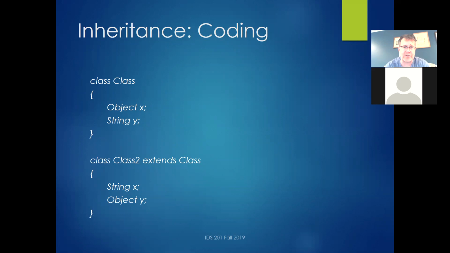It has to inherit the X and the Y, but you can give them different types. Okay, and you can do the same thing with methods. If the superclass has a method name, the subclass will have that method name, but it can be specified differently for the subclass. And that's eventually going to be an important thing we'll talk about toward the end of the course with something called polymorphism.